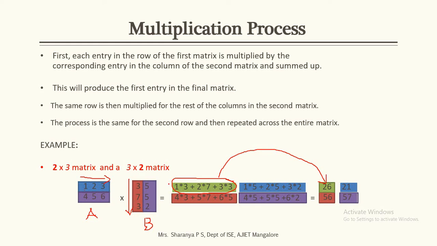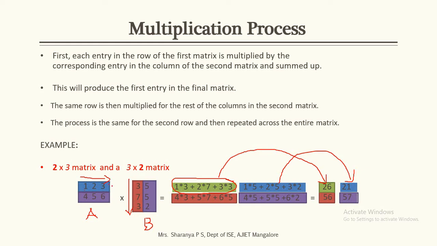That is 1 into 3 plus 2 into 7 plus 3 into 3, which gives the result 26. Next, we process the same row with the second column. That is 1 cross 5, 2 cross 5 and 3 cross 2. All the elements need to be added together. That will be the second element of the final resultant matrix.